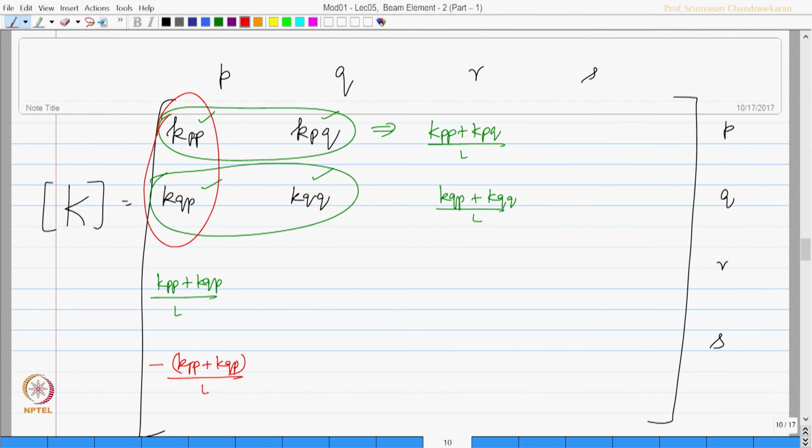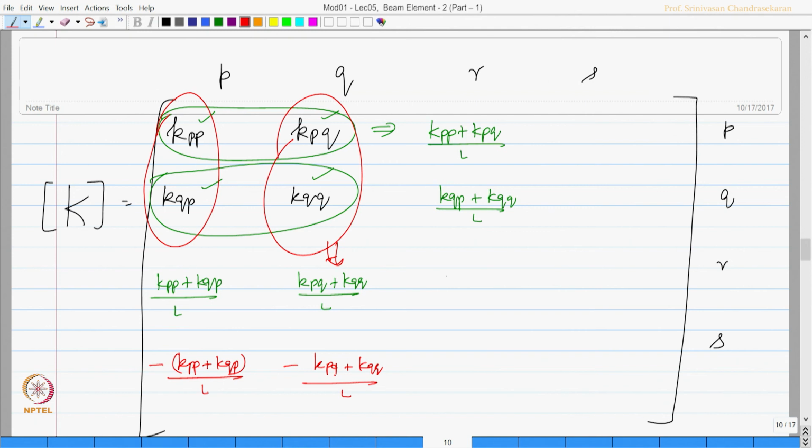Similarly, this value will be K P Q plus K Q Q by L, which is sum of these two, and this will be minus of K P Q plus K Q Q by L.